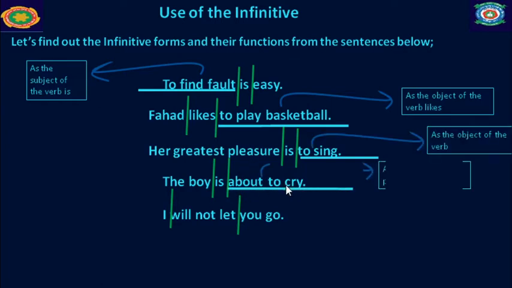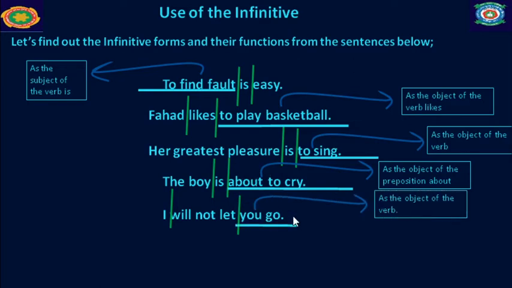So here to cry is the object of the preposition. Here also, I will not let you go. Here also infinitive, but it's a bare infinitive. So it acts as the object of the verb.